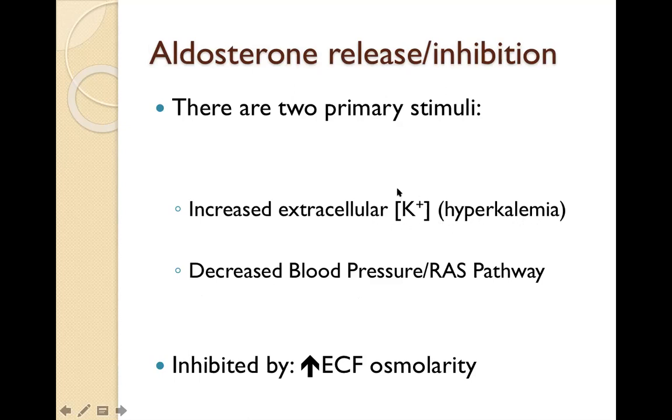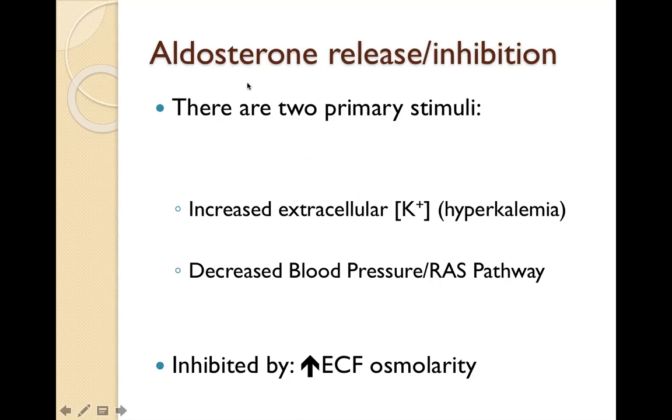Remember how I said that if you reabsorb sodium, you're going to lose potassium, and vice versa. Sodium and potassium tend to go in opposite directions. Well, when you have high potassium, you often have low sodium. Again, not always true, but often. And so this is a primary stimulus for the release of aldosterone.